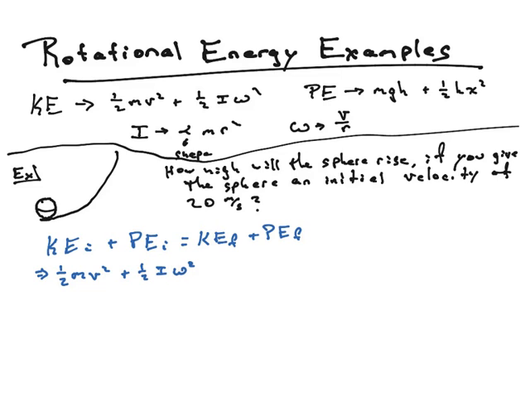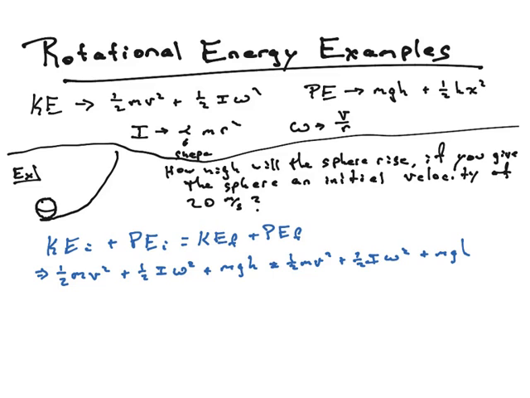And then potential: mgh, and there's no spring. Final position: 1/2 mv squared, 1/2 I omega squared, mgh, and again, no spring in the final location as well.